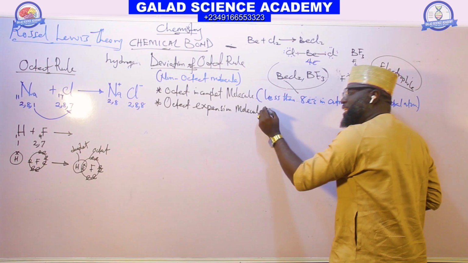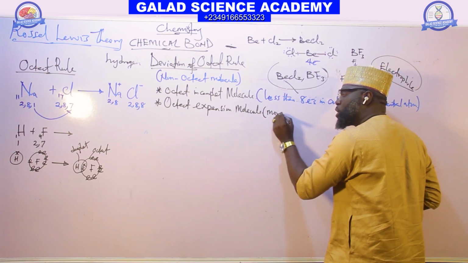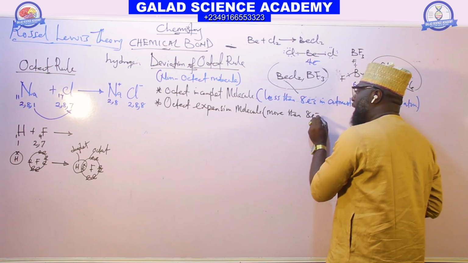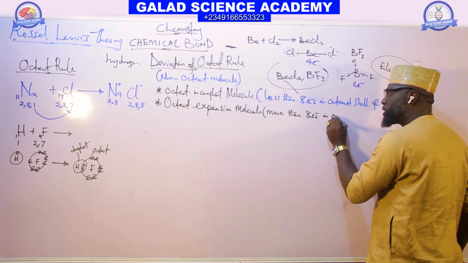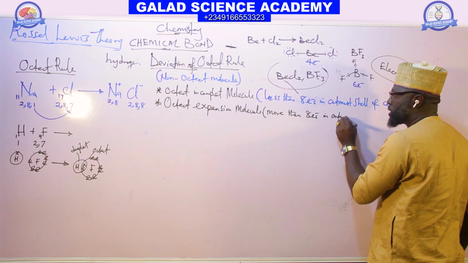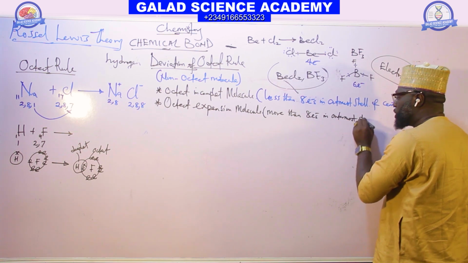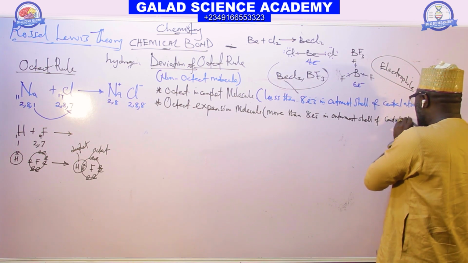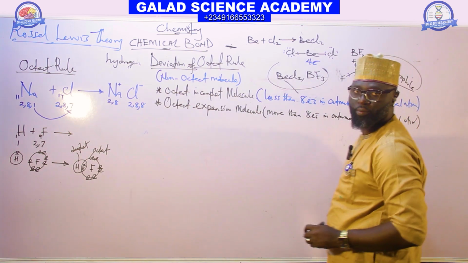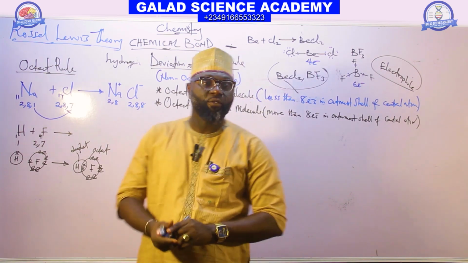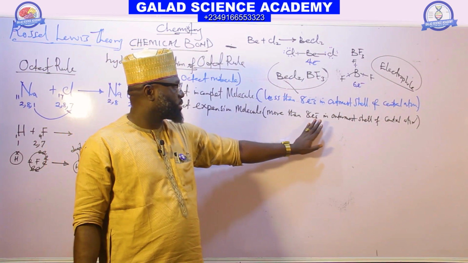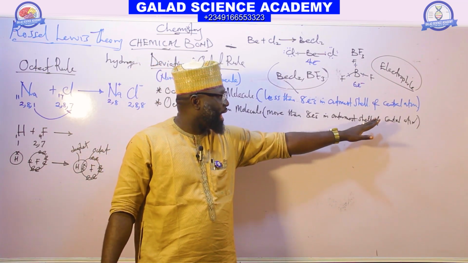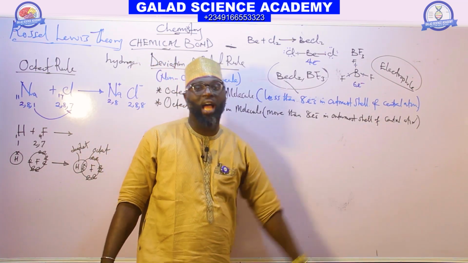This one has less than 8, but octet expansion molecules have more than 8 electrons in the outermost shell of their central atom.